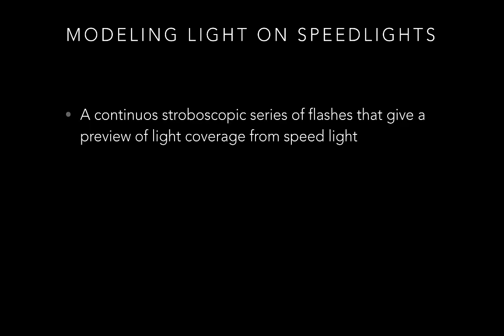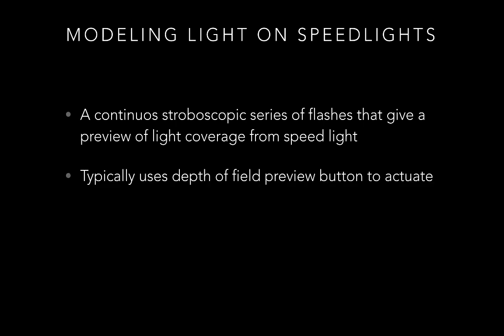A feature that a lot of people don't really know much about is the modeling light on Speedlights. It's a continuous stroboscopic series of flashes that gives you a preview of the light coverage from the Speedlight. If you set that up in your camera, typically it'll use the depth of field preview button to actuate. So you'll hold your depth of field preview button down, and the flash will go pop, pop, pop, pop, pop, pop for about a second, and you'll be able to see exactly where that light is going to fall on your subject.